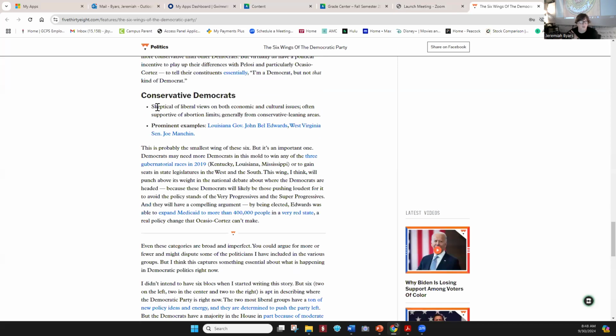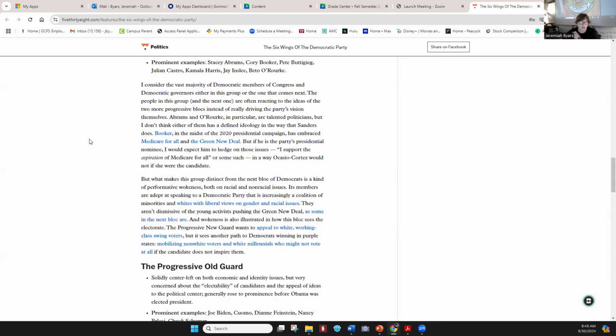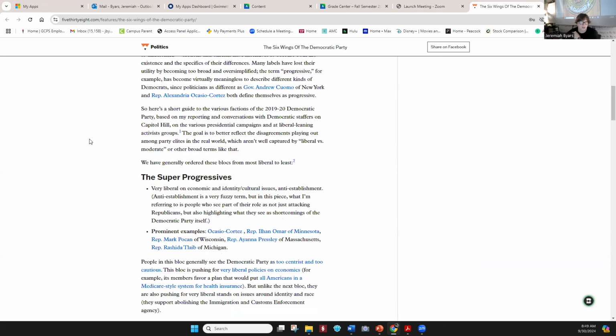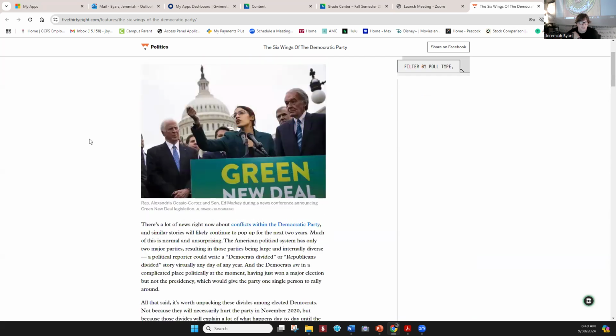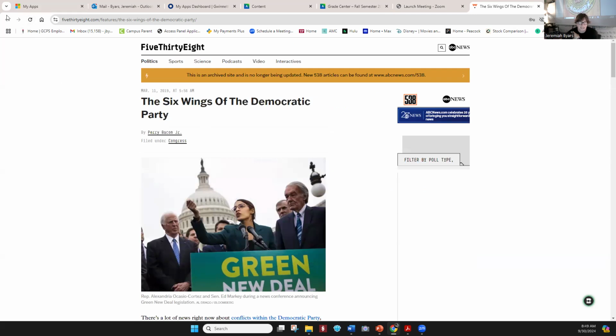Then we have conservative Democrats, who are skeptical of liberal views on both economic and cultural issues, often supportive of abortion limits, and they tend to be more conservative leaning. Okay. So Democrats are not equal. They're all different. Just because someone is a Democrat doesn't mean they are all the same.